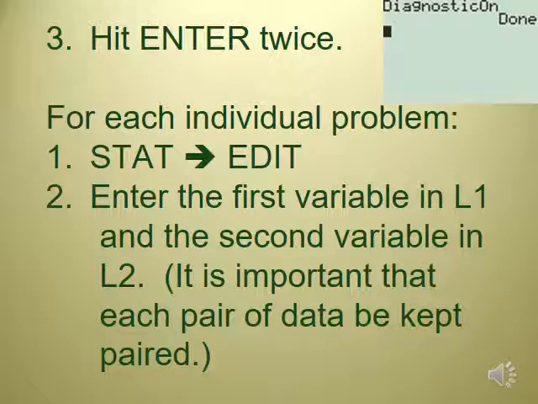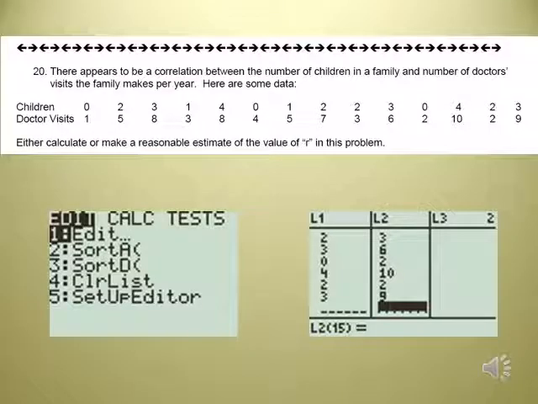And of course, we talked about putting variables in lists clear back at the beginning of the semester. It is important that you pair up the things so that they're together. This is actually the next problem in that worksheet I've been going through. And you can see that what I did is I went to Stat, Edit, and in list 1, I put all the numbers of children that these families had.